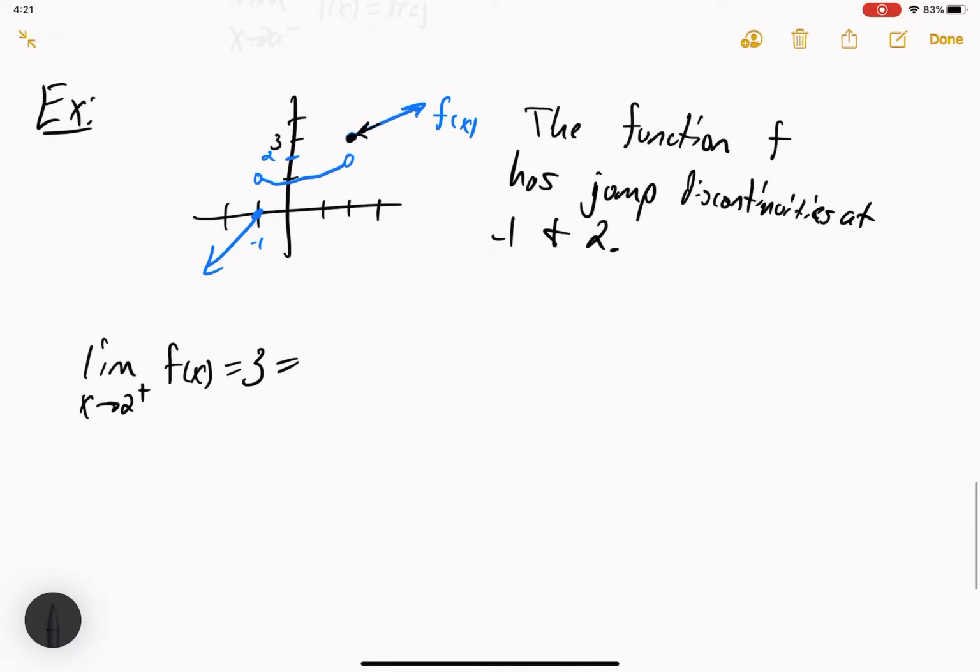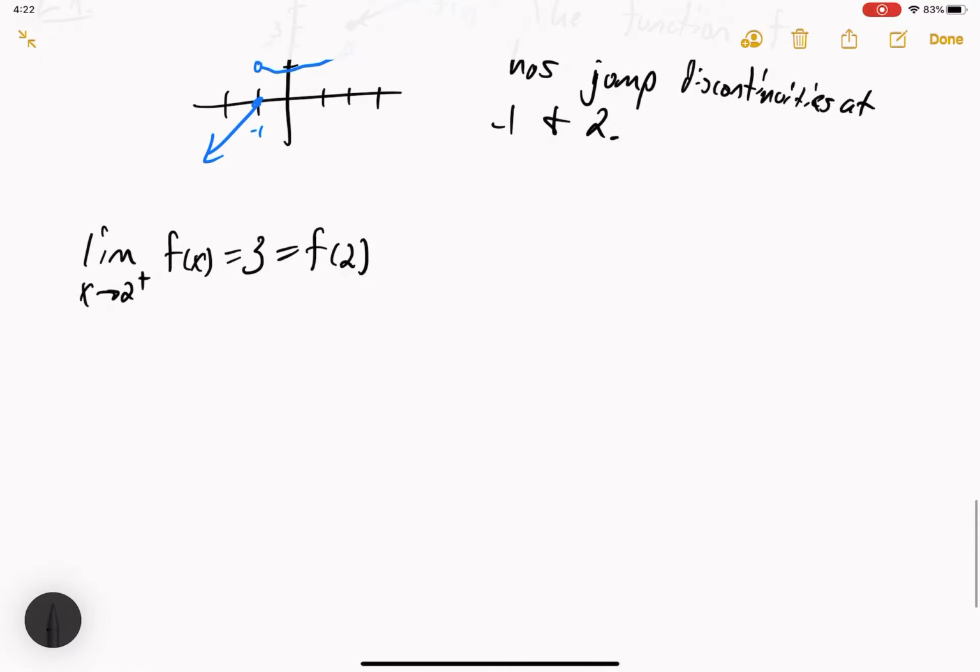That's a closed circle, so that's equal to f of 2. In this case, we have continuity from the right at 2. Another way of saying it in shorthand is right continuous.